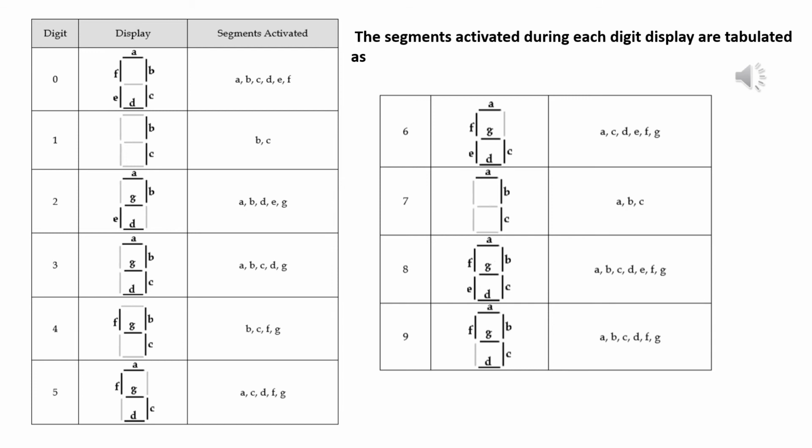For displaying the digit 2, segments A, B, D, E, G should be activated. For displaying the digit 3, segments A, B, C, D, G should be activated. Like this, in a similar manner, for displaying the digit 9, the segments A, B, C, D, F, G should be activated.